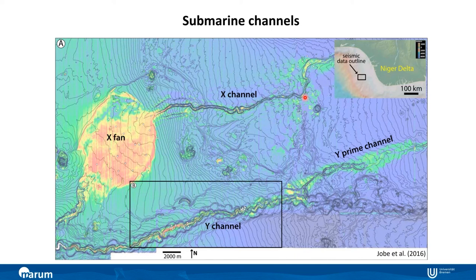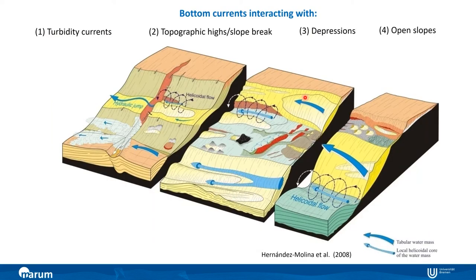So for that, I will use this fabulous sketch done by Javier Hernandez Molina, where we can see different sedimentary environments and processes that can affect continental slopes and how continental slopes can be modified in the morphology and in the deposition.